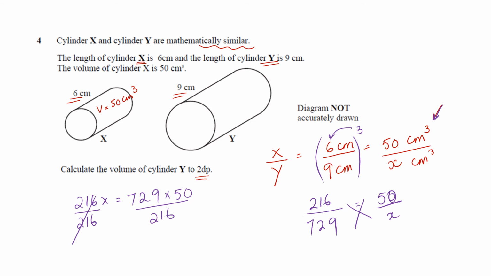So write in the calculator 729 times 50 and divide it by 216 and you will get 168.75 centimeter cube. The reason is that you are finding the volume of Y. So it is 168.75 centimeter cube.